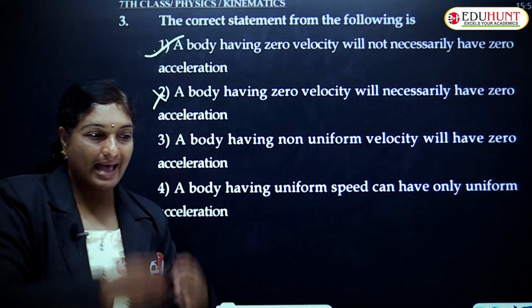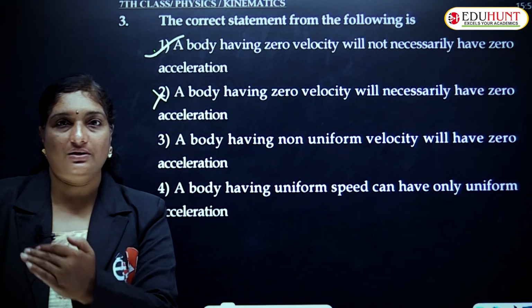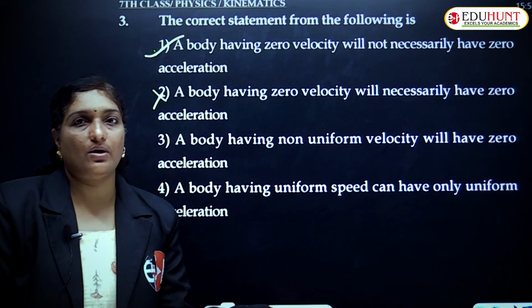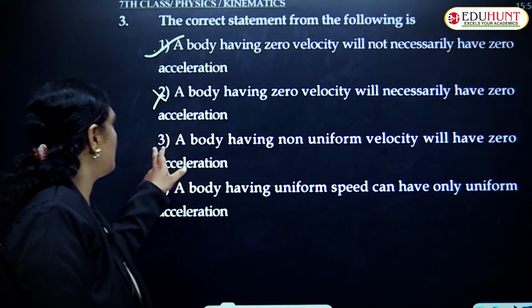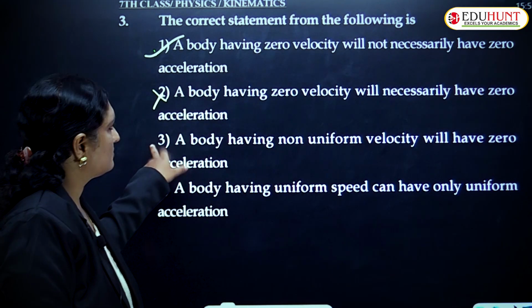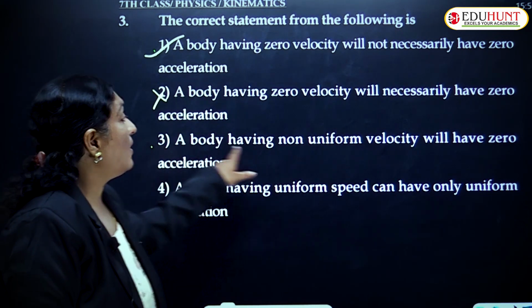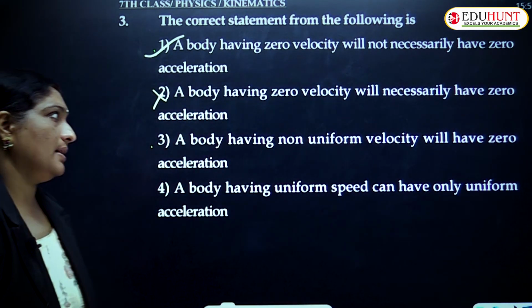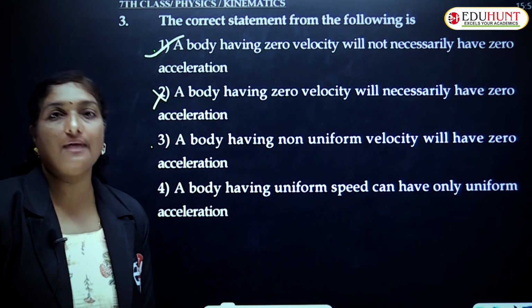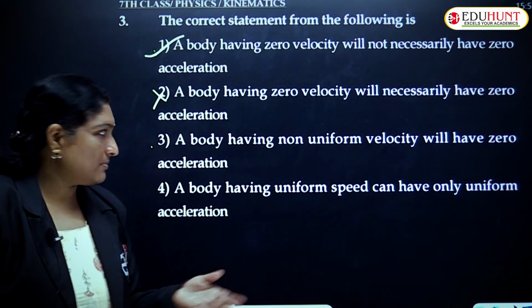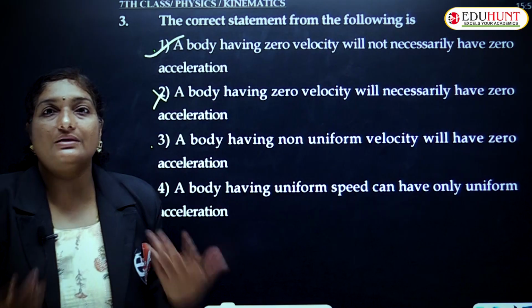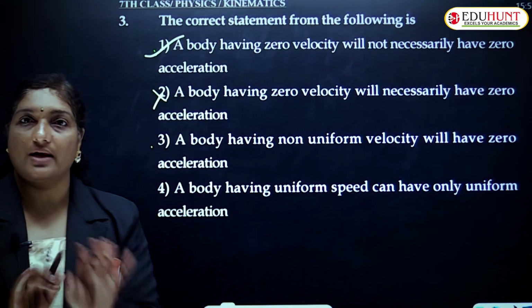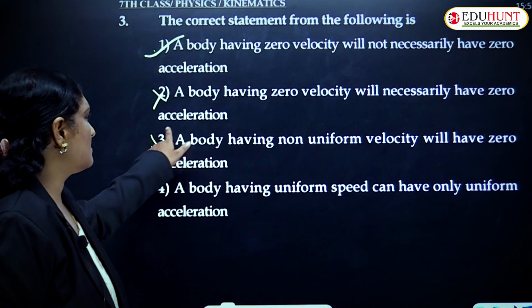Non-uniform velocity means the velocity is changing continuously from time to time, so definitely the body is accelerating. How can it have 0 acceleration? Whenever the velocity is changing, acceleration acts. So this statement is also false.